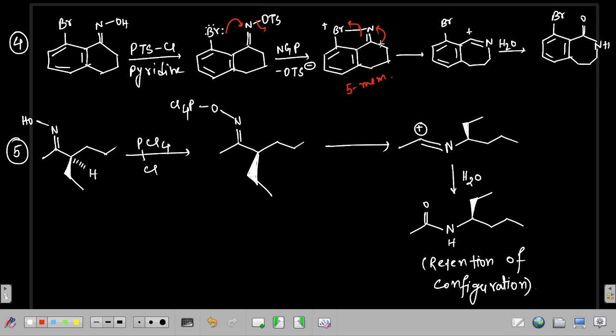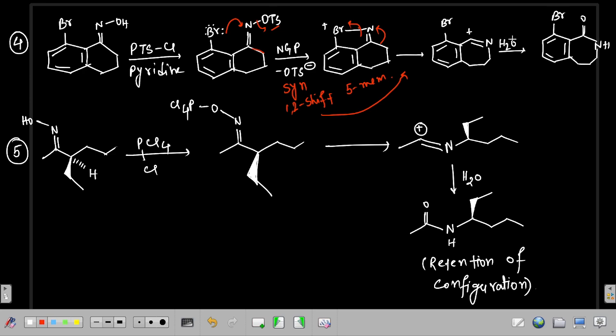Now in this case you see this bond is anti to the OTS. This bond is anti to the OTS. So this bond is shifting, not this bond. So it undergoes a shift here in this case.